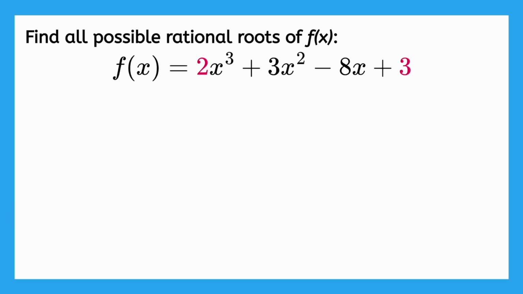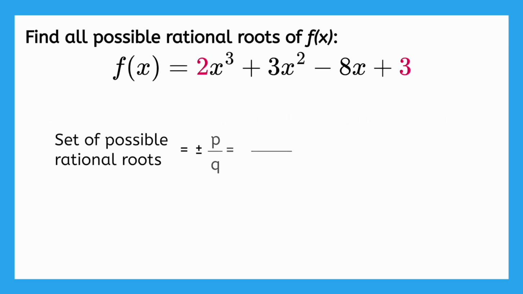So let's try that again, remembering that we can use a plus or minus with p over q to represent all of the possible positive and negative iterations of this fraction. Now we only need to list the positive factors of 3 in our numerator and the positive factors of 2 in our denominator. Now, list out the possibilities in a systematic manner so that we don't skip any.